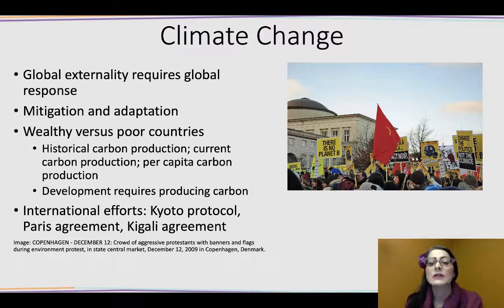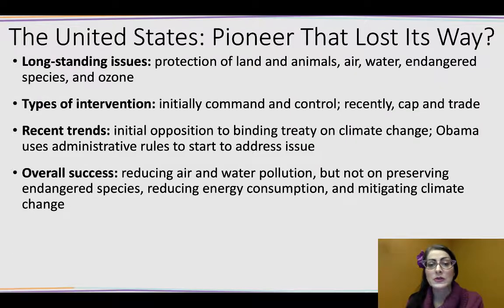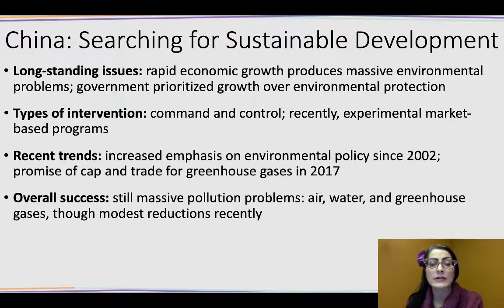And how do we do that on a global level? So there's been these international efforts such as the Kyoto Protocol, the Paris Agreement, and the Kigali Agreement. And your book will talk about those, so have a look at that. There's a case study of the United States. Please take a look at that, and the case study of China.